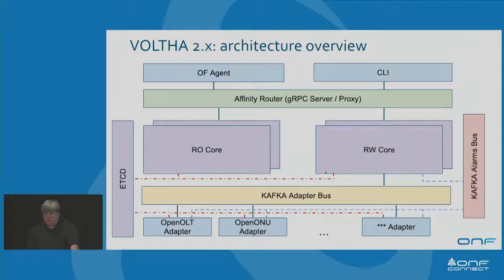The read-write cores will also talk to the data store, but they also talk to the adapters via a new Kafka adapter bus, which also uses gRPC encoded protobuf to talk to these adapters. There's also over here a separate Kafka alarm bus where alarms or performance metrics and stuff can be sent northbound. There are still adapters down here, but they're now speaking that new inter-adapter protocol.